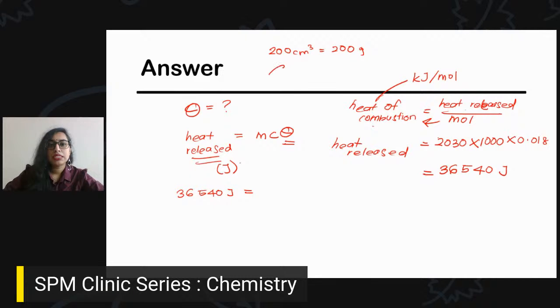How we get this 200 gram is from density. You know that density is mass over volume. We don't know the mass, so we are going to calculate the mass. Mass is equal to density times volume.